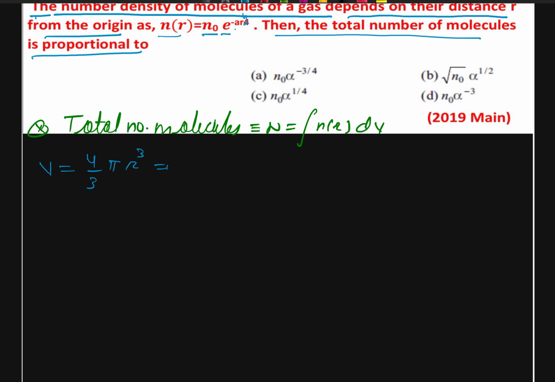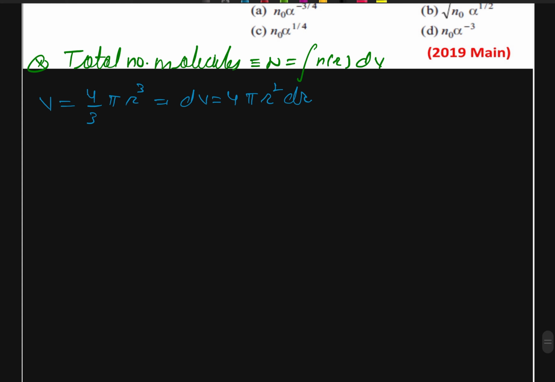Therefore we get our dV is equal to 4 pi r square times dr, and we substitute it. We get our N is equal to integral, and this is given n naught e raised to power minus alpha r raised to power 4, and this we have as 4 pi r square, and we have dr, integral from 0 to infinity.